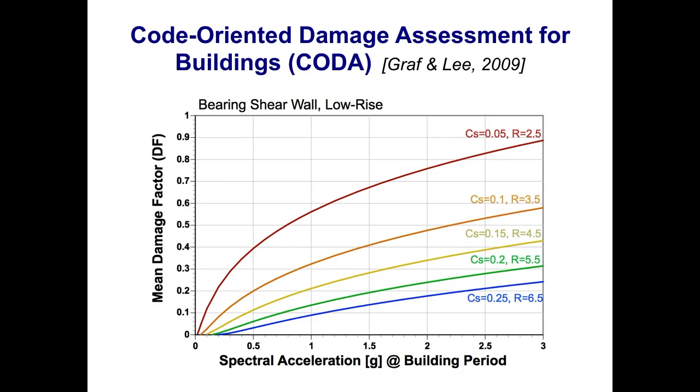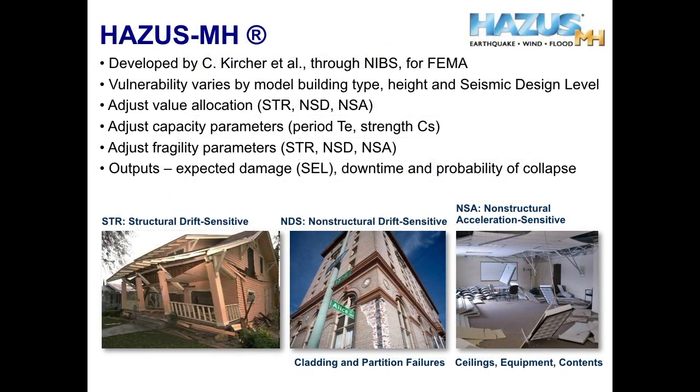Of course, there's HAZUS multi-hazard. This was developed by Charlie Kircher and a number of others through NIBS for FEMA in the 1990s. The vulnerability varies by model building type, by height, and by seismic design level, and then there's further adjustment that the engineer can do both in terms of the capacity parameters and the fragility parameters, and you can also adjust the value at risk between structural and non-structural components.